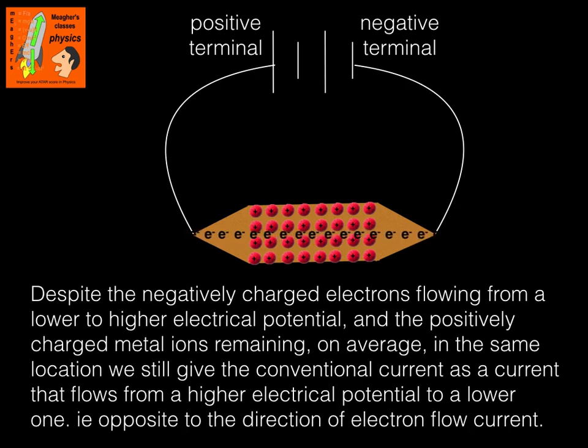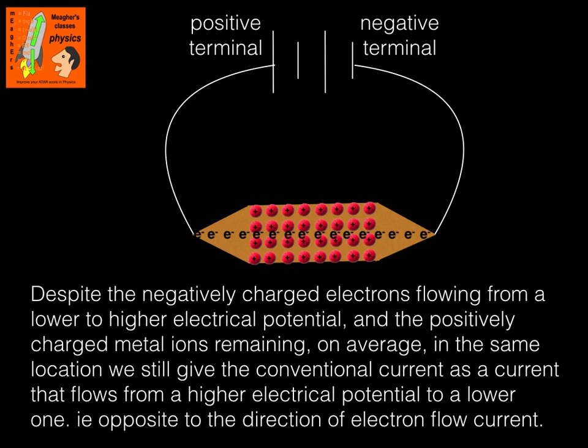And the positive charges, while they are vibrating around their mean position, aren't drifting in one direction. However, despite all that, because the convention is when a current exists, that is a flow of charge exists, we define the direction of the current as being from higher electrical potential to lower electrical potential. And in the case of a piece of metal or a wire, it's going to be in the opposite direction to which the electrons flow.